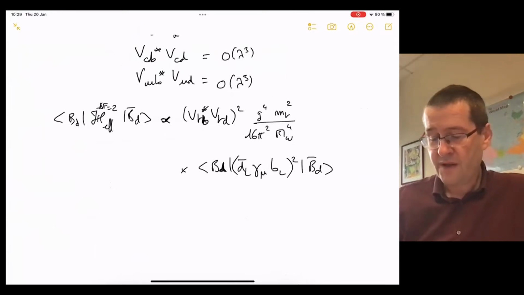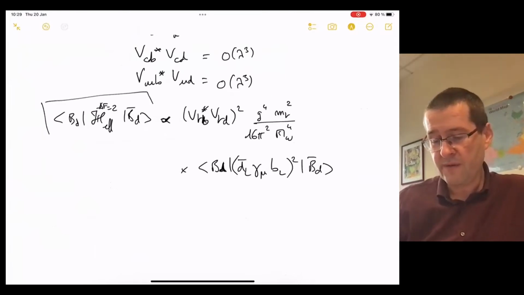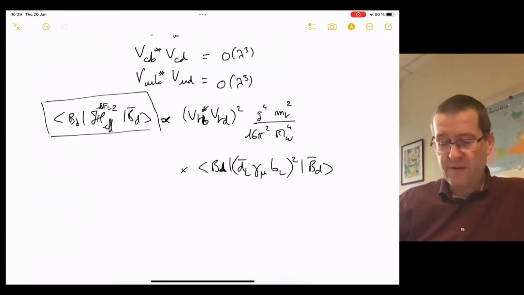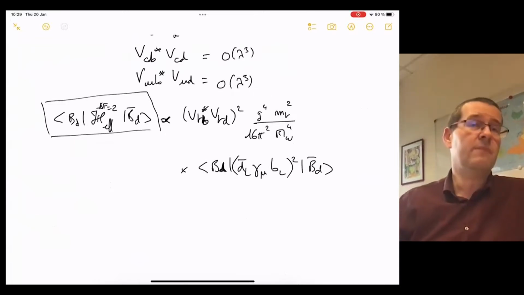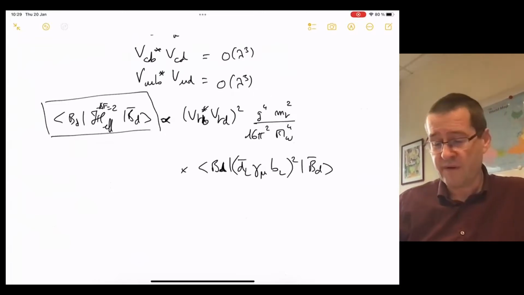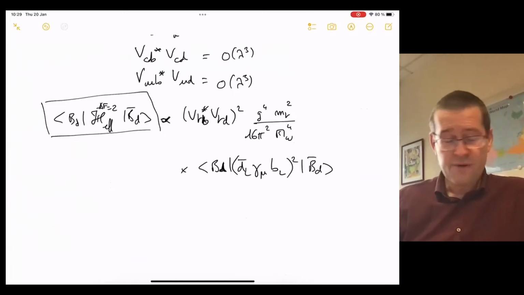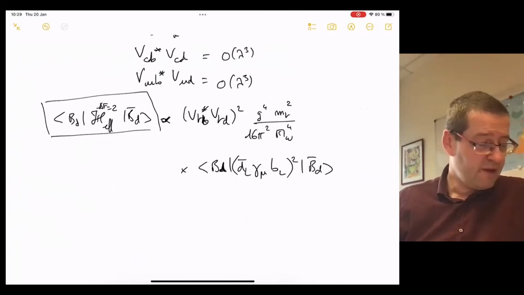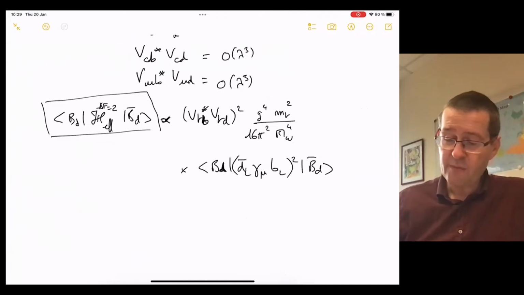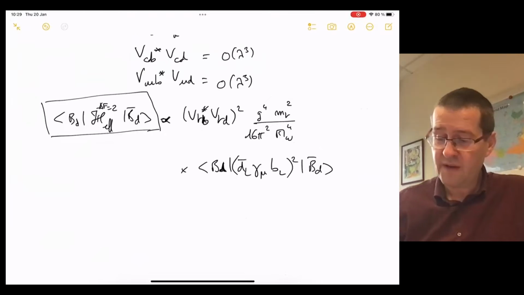Okay, so that means that in principle, if we know something about this neutral meson mixing, which is allowed, I mean, the B_d and the B_d bar, they are neutral. They have the possibility to mix into each other through weak processes.